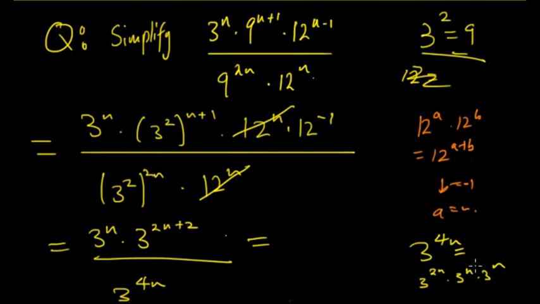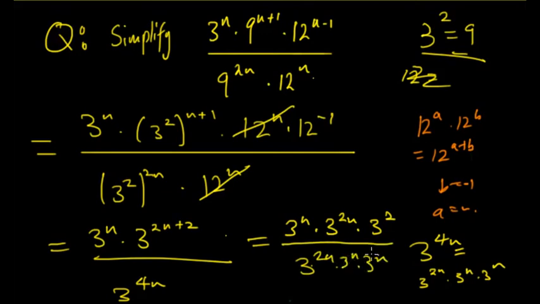So we want to get rid of that 2n, so we can split that 4n into 2n, n, and n. And all those numbers added together will give you 4n. So this will give us 3^n times 3^(2n) times 3 squared, and you can see how I've done a similar thing as I did up there when I split this up. That is divided by 3^(2n) times 3^n times 3^n.